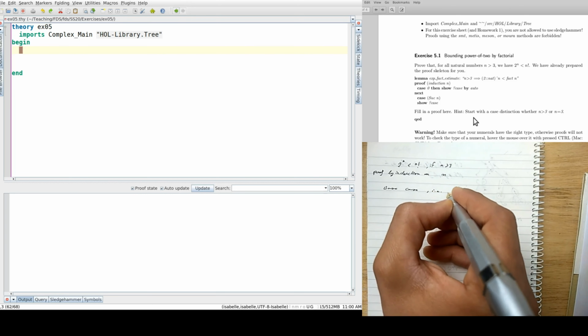So we know that we only have those two cases from the premise, and then we prove the theorem for each one of the cases separately. Now let me show you how to do that in Isabelle.